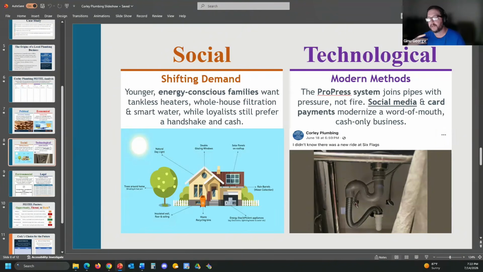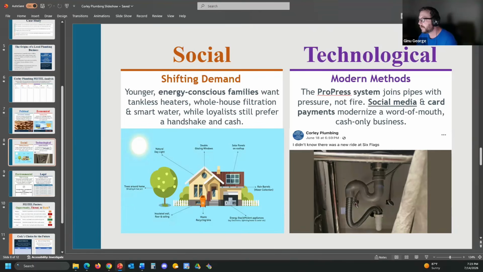On the technological front, tools have evolved. There's something called, I figured out, a ProPress system. ProPress system allows plumbers to join pipes together with hydraulic pressure rather than with open flame torches. It's safer, it's faster. The equipment is really expensive to do it. Cody is leveraging social media to try and build brand awareness beyond the traditional word of mouth.